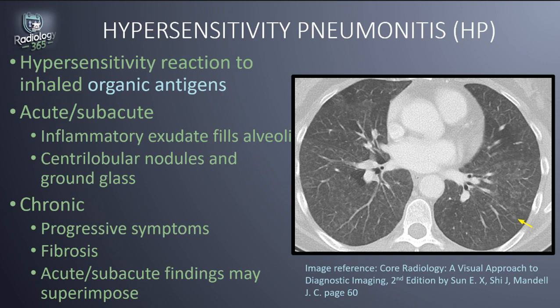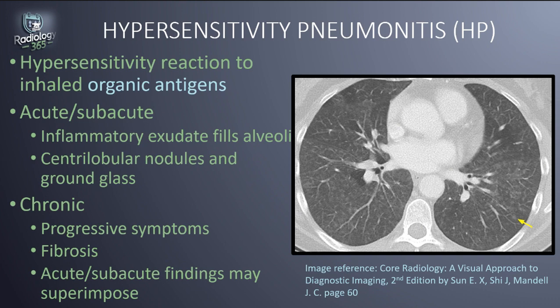The chronic hypersensitivity pneumonitis is from long-term exposure to the same offending antigens that we have mentioned earlier, and this leads to pulmonary fibrosis. Typically, it affects the upper lobes predominantly, but that's not always the case. You might also have the findings of acute and subacute disease superimposed on the findings of chronic hypersensitivity pneumonitis.